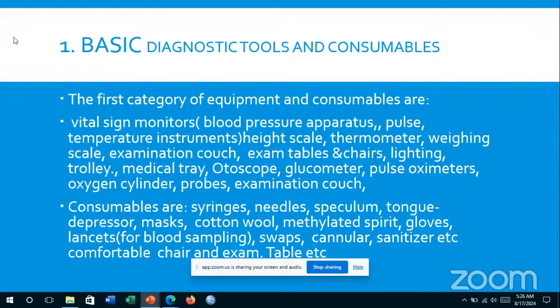The list is inexhaustible. Consumables are syringes, needles, speculum, tongue depressors, masks, cotton wool, methylated spirit, gloves, lancet, that is for taking blood samples, swabs, cannula, sanitizer, comfortable chairs and tables for examination.